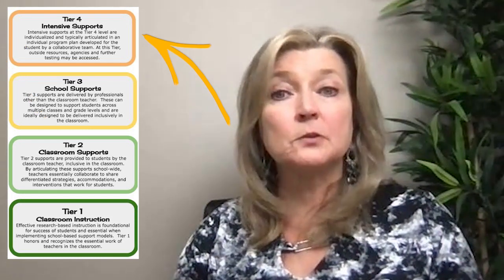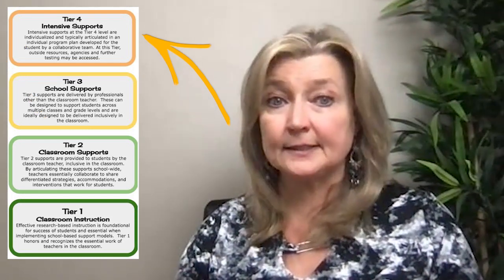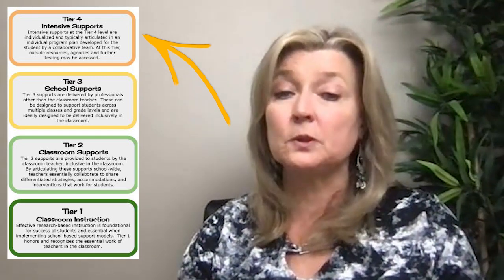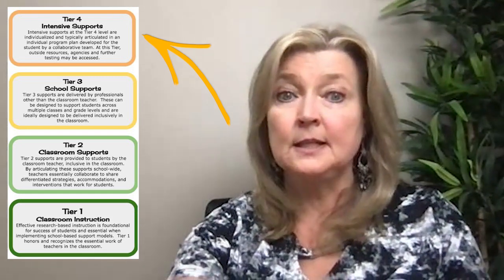The fourth tier is designed to articulate the resources that we may have access to from external partners to attend to the individualized needs of students. These supports are usually accessed through referrals. They may include psychologists, mental health supports, or perhaps district personnel who come to assist from outside of the school.